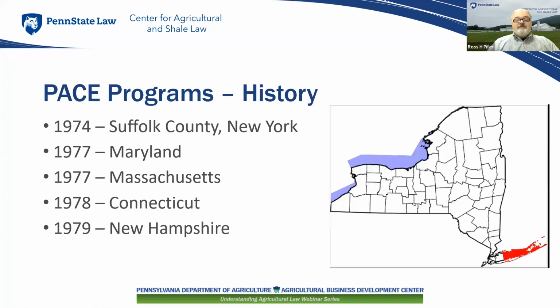And so within that context, the purchase of ag conservation easement programs began. Now the National Ag Land Study was in that late 70s, early 80s timeframe, and you see from this slide that these purchase of ag conservation easements really started prior to that.